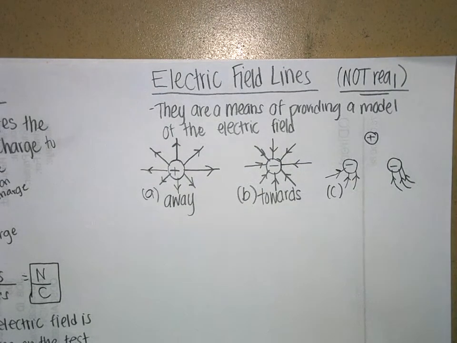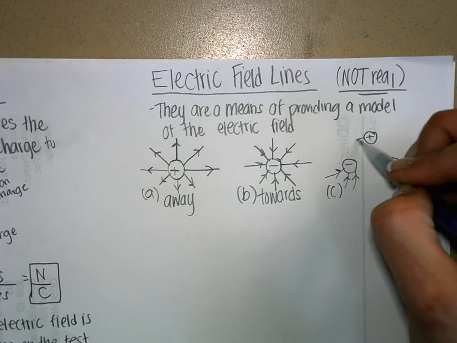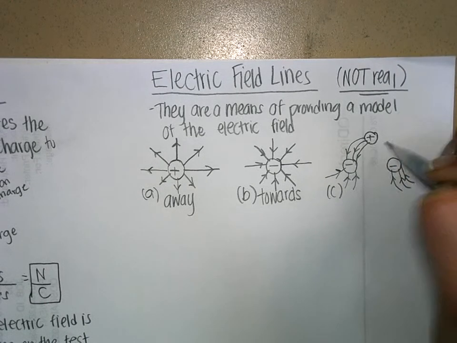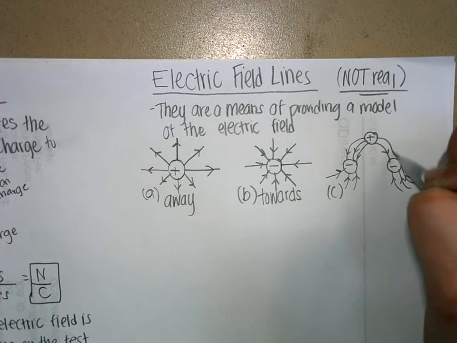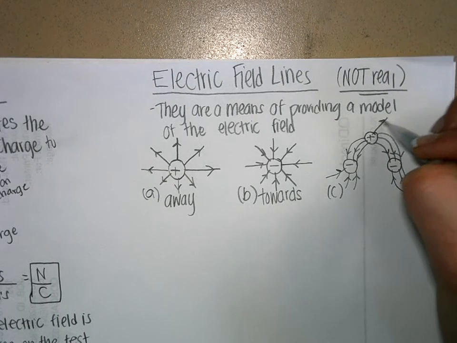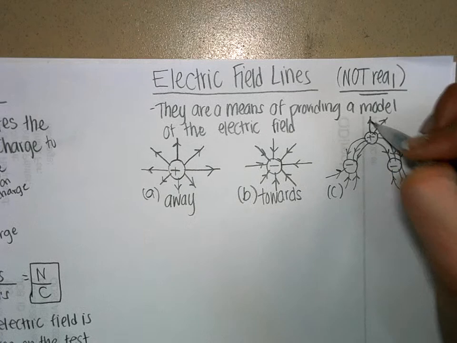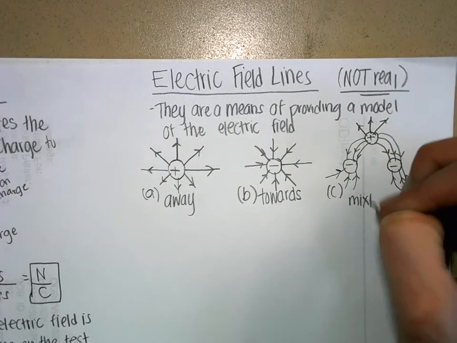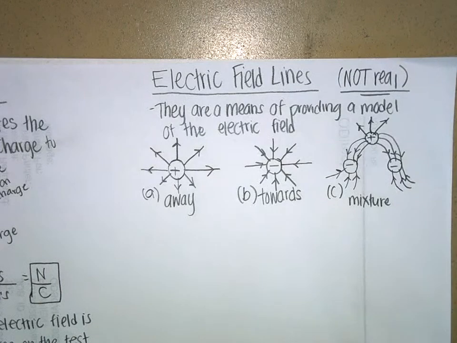And for the positive test charge, they're drawn away. So here's a mixture of away and towards.